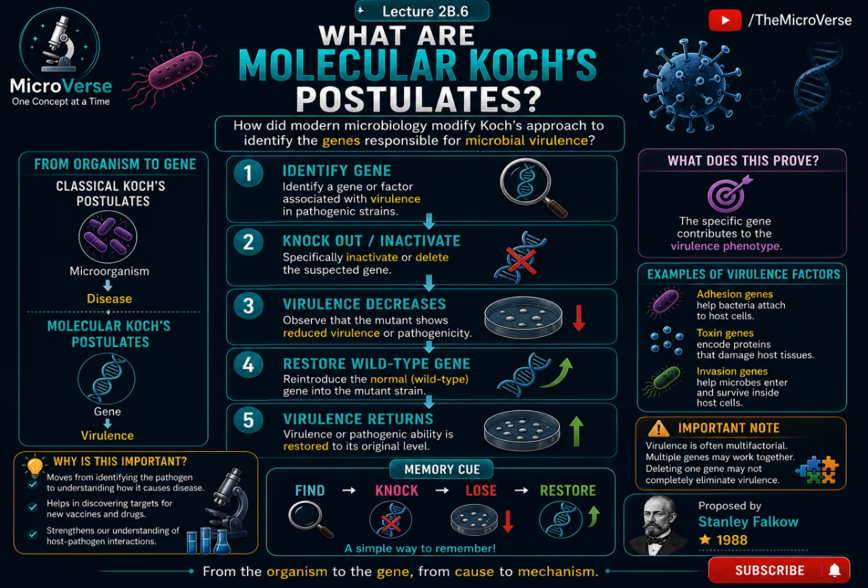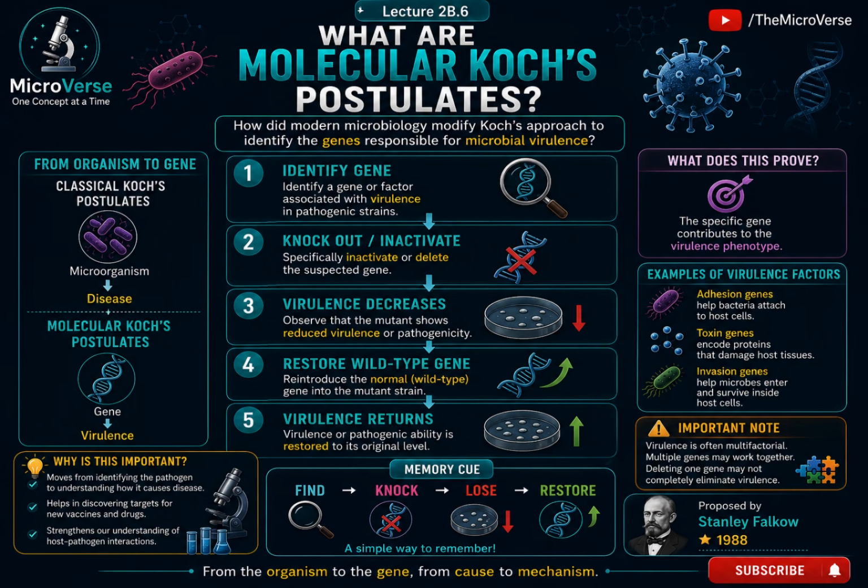The significance of this concept extends beyond examination questions. Modern microbiology uses molecular and genetic approaches to understand virulence mechanisms, identify potential therapeutic targets, and investigate how specific microbial factors contribute to disease. This represents an important shift in microbiology from identifying the pathogen to understanding the molecular mechanism of pathogenicity.